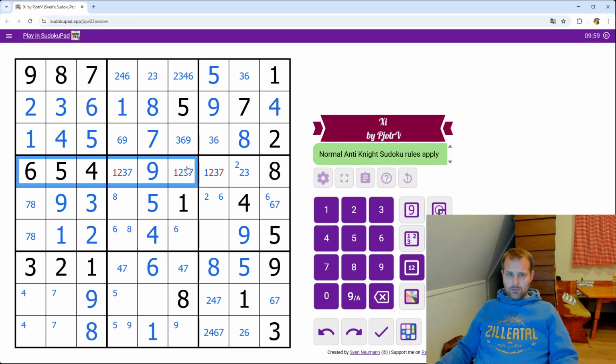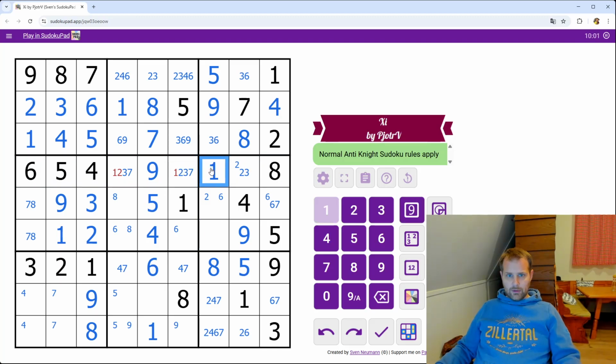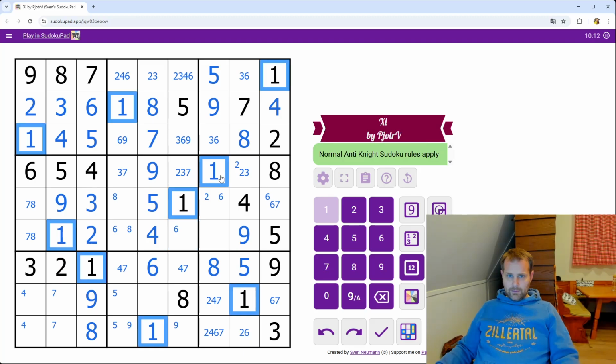Where does the 1 go in this row? And it can only go there. Okay. Yeah, well, it was the last. I thought I did the two once already, but apparently I did not yet.